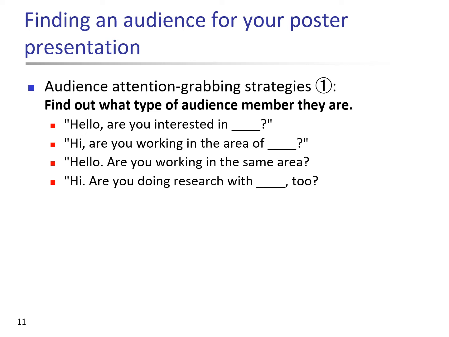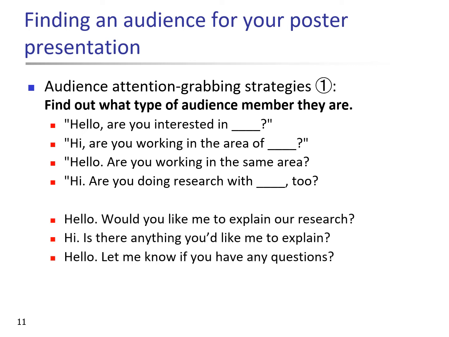Hi, are you working in the area of bioscience? Hello, are you working in the same area as me? Hi, are you doing research with this tool as well? You might also say something like, hello, would you like me to explain our research? Hi, is there anything you'd like me to explain? Oh, hello, let me know if you have any questions.